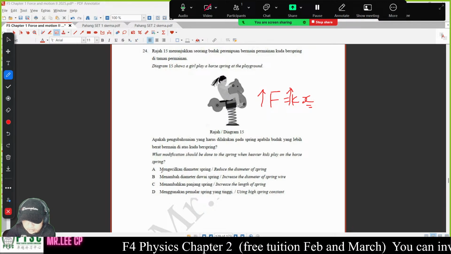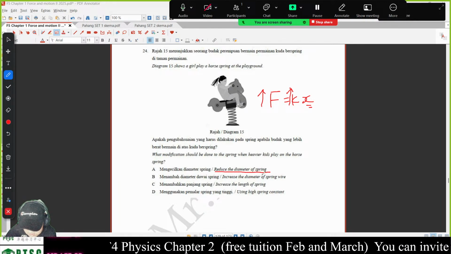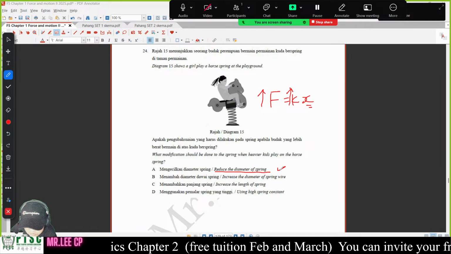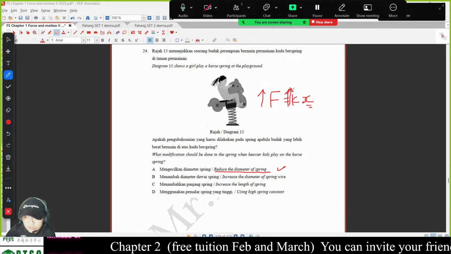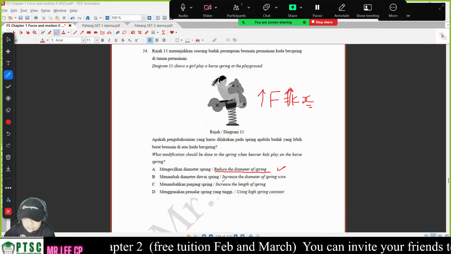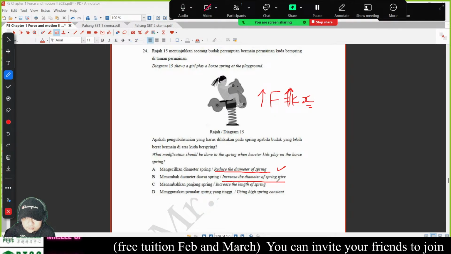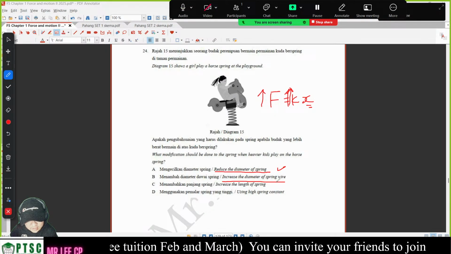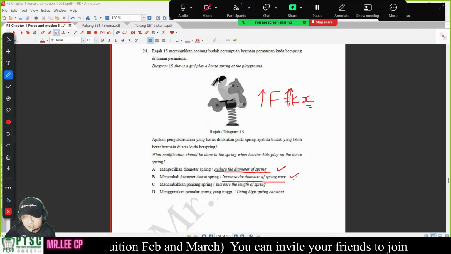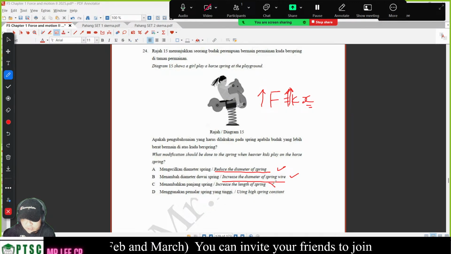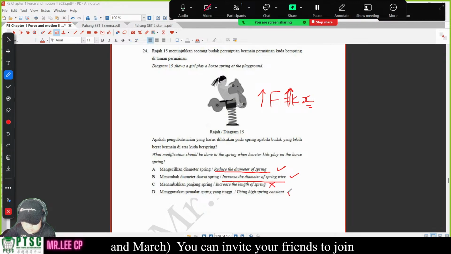Reduce the diameter of the spring? Increase the diameter of the wire will increase the stiffness, you will increase the K. Diameter of the wire, not diameter of the spring. Diameter of wire, correct also. Increase the length, wrong. Use a high spring constant, yes.